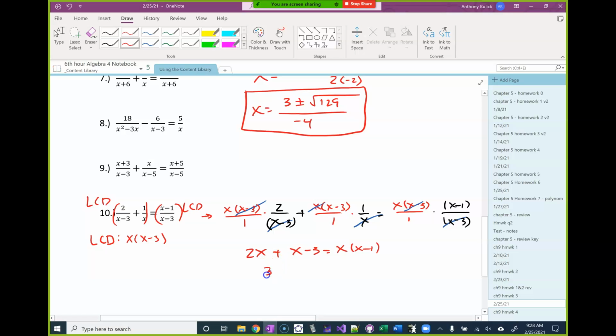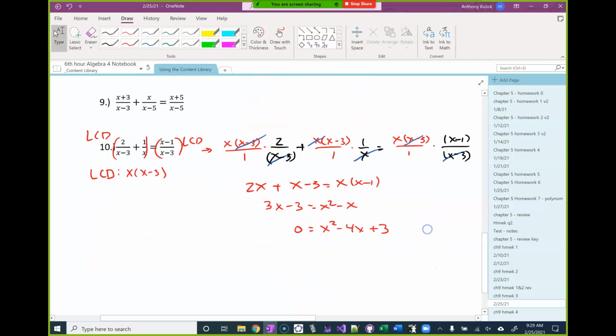So combining some like terms here and multiplying things through, I'm going to move everything onto one side now, so I'm going to subtract 3x from both sides and then add 3 to both sides. I chose to put everything on the right-hand side because I want that leading coefficient to be positive if I can. It just makes it easier to factor.